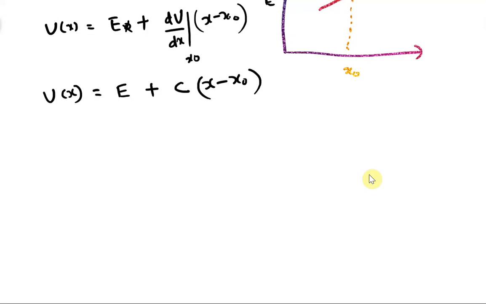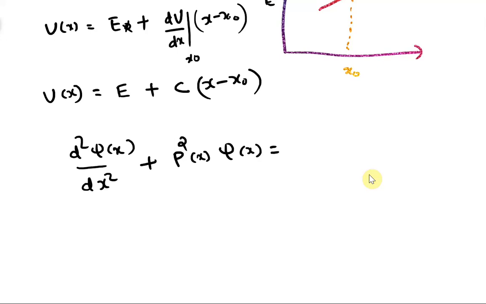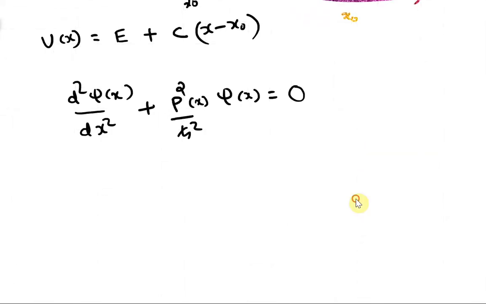The time independent Schrodinger equation we have modified slightly into this form, d square psi of x by dx square plus p square of x psi of x is going to be equal to 0. We have done it for the one dimensional case. This is the expression that we have.